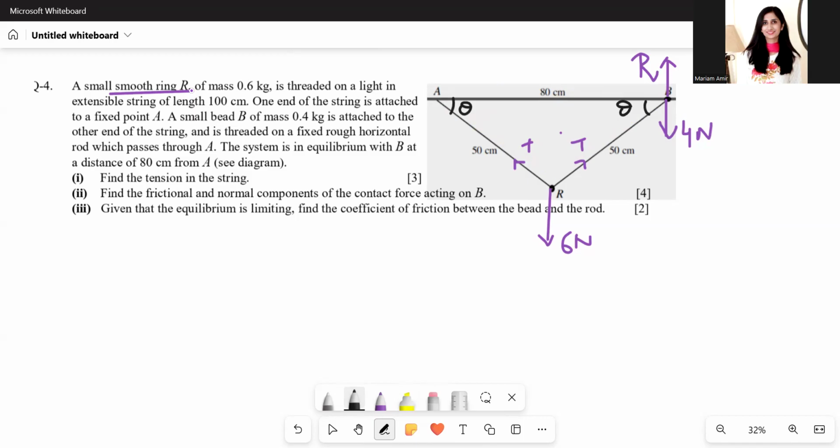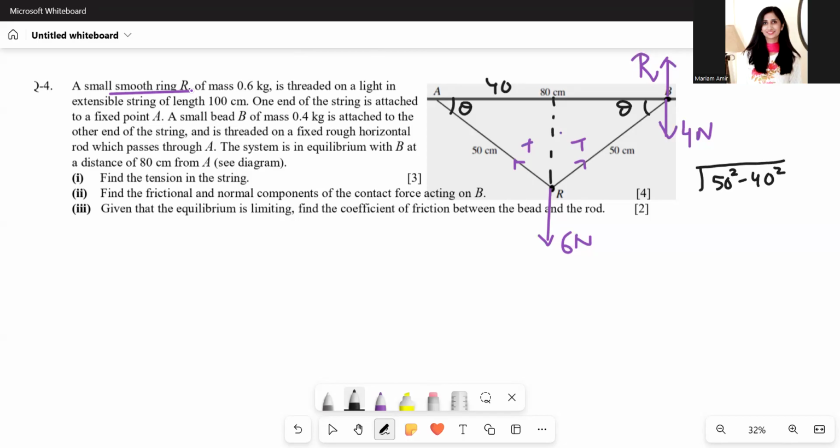which will be the same as this angle because this is an isosceles triangle. So instead of the angle, I think I'm just going to find sine theta and cos theta because that is what I need in the components. Okay, so if I make a dotted line here, and only because this is an isosceles triangle, this would be 40. Okay, and if I use Pythagoras on this, it would be square root of 50 squared minus 40 squared, which should be 30.